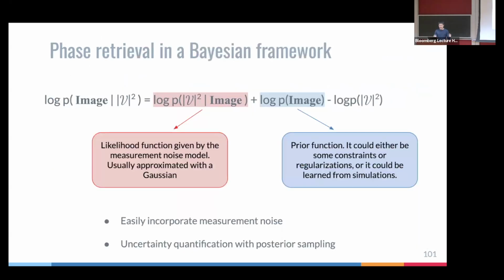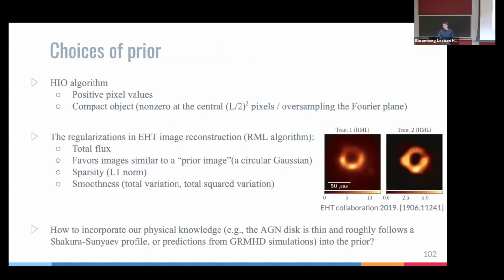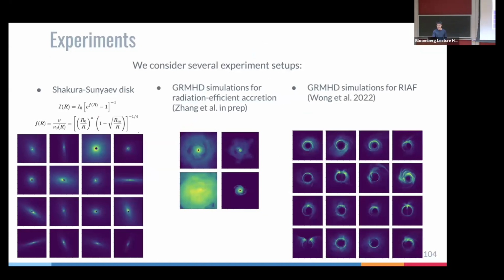So again, our solution is to put this in the Bayesian framework. Here, the likelihood would be given by the measurement noise model, and the prior would be learned using generative models from the GRHD simulations. There are lots of potential choices for the prior. I won't go into the details. For the experiments, we consider 3 setups.